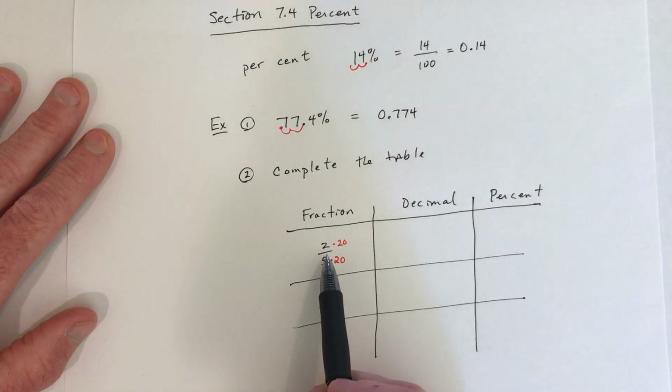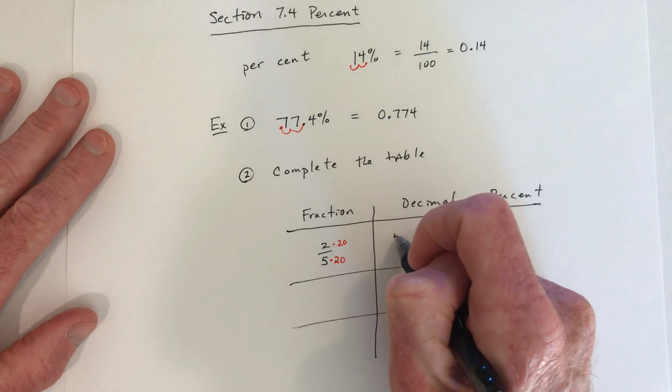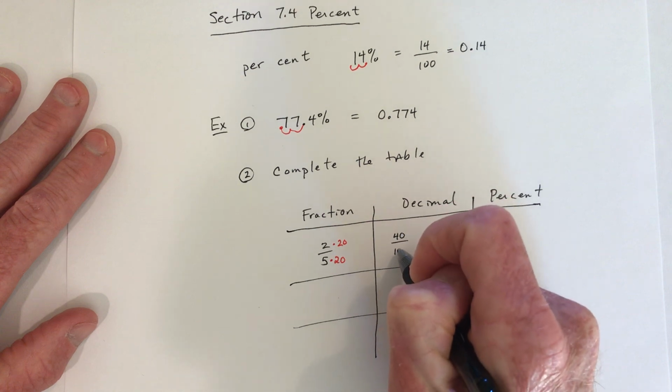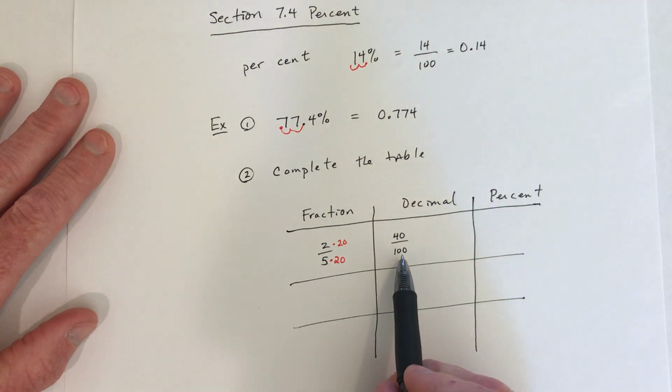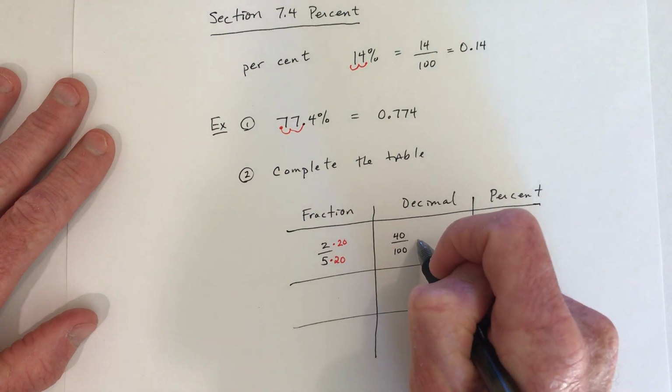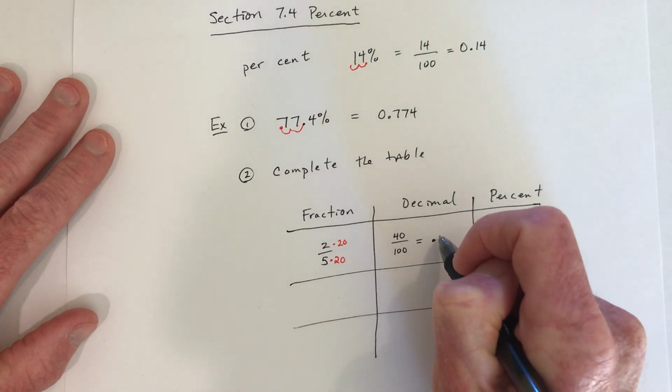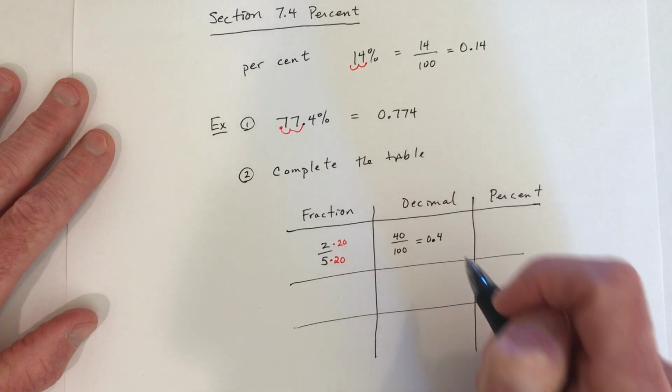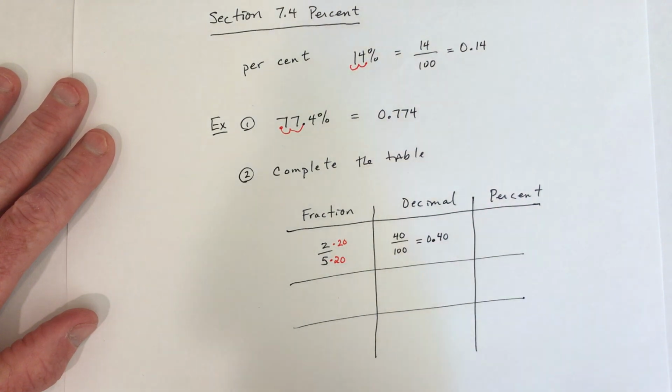So this would be 40 over 100. And then dividing by 100 moves the decimal 2 places to the left. So the decimal form is 0.4. Or if you want to, 0.40. They both mean the same thing.